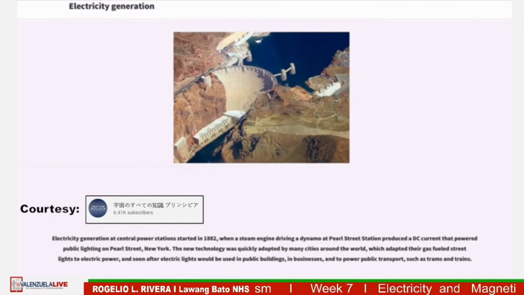Electricity generation at central power stations started in 1882, when a steam engine driving a dynamo at Pearl Street Station produced a DC current that powered public lighting on Pearl Street, New York. The new technology was quickly adopted by many cities around the world, which adapted their gas-fueled streetlights to electric power, and soon after electric lights would be used in public buildings, in businesses, and to power public transport, such as trams and trains.